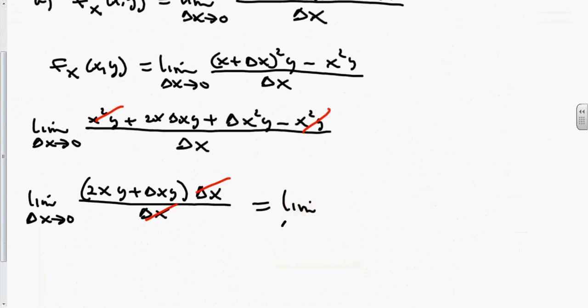So I have the limit as delta x goes to 0 of 2xy plus y delta x. As delta x goes to 0, that just leaves 2xy, right?